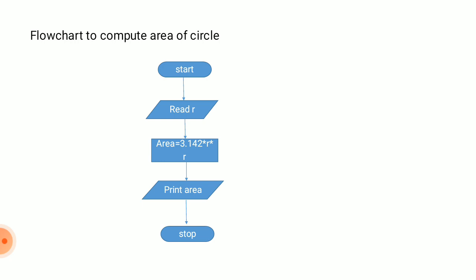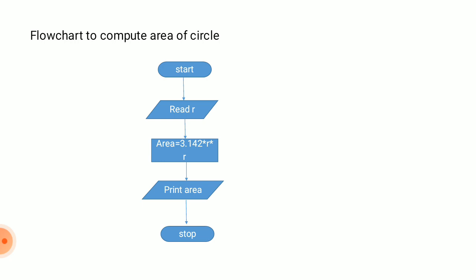Next, after reading the input, processing. What are we processing? We are computing the area of circle, so that you represent in a rectangle box. What is the formula? Area is equal to 3.142 into r square. Instead of writing r square, you write r into r, and the formula is put into the rectangle. After that, what are you printing? Area.